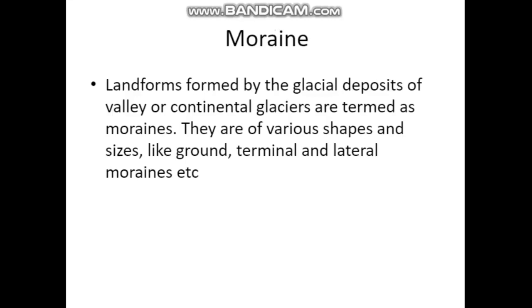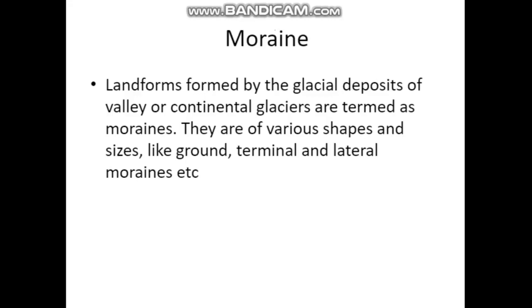How moraines are formed? So landforms formed by the glacier deposit of valley or continental glaciers are termed as moraines. Okay. How this moraine landforms are formed means because of valley or continental glaciers.